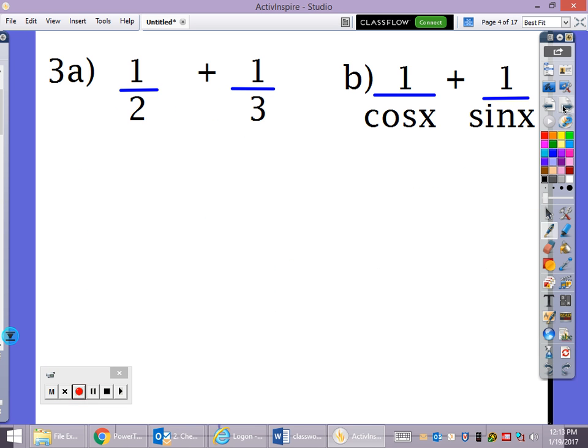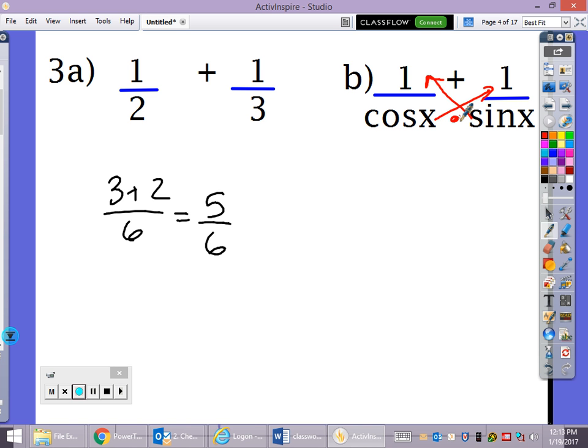All right, so problem number 3, we got the common denominator and we got 3 plus 2 over 6 was equal to 5 over 6. So what am I going to do for this one? Find the common denominator. The fastest way is to multiply up, multiply together.